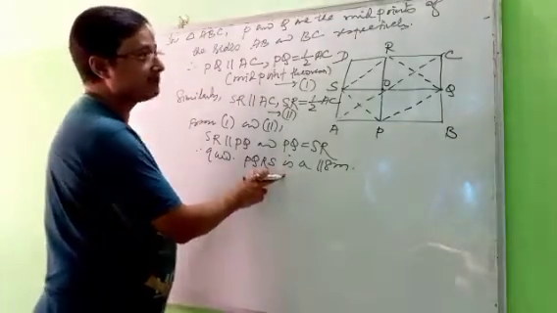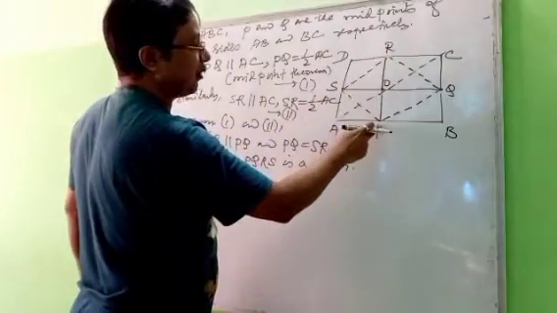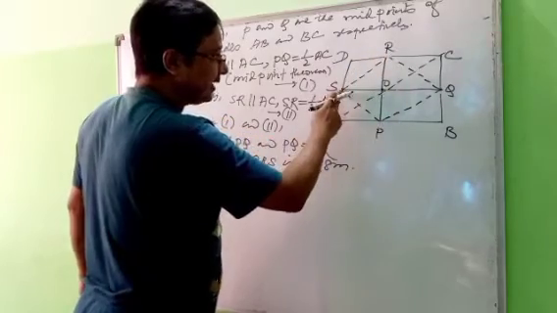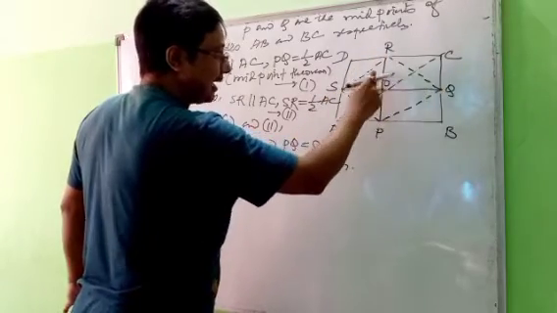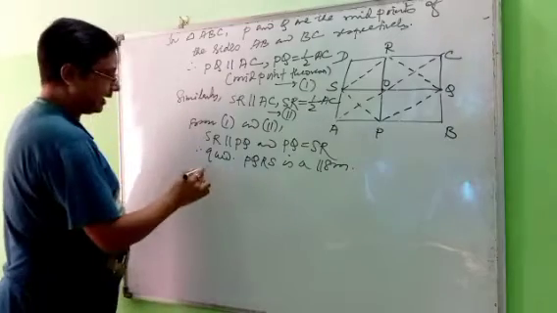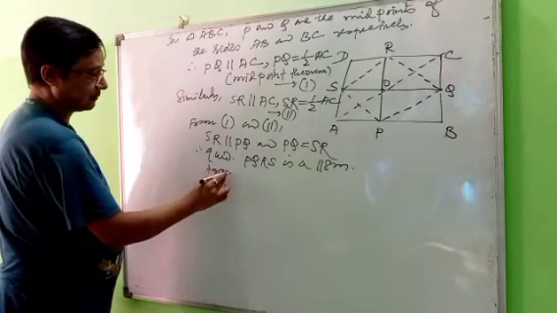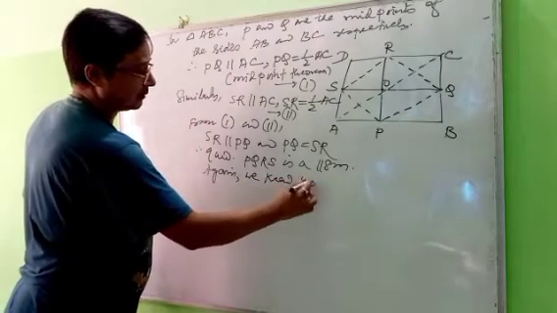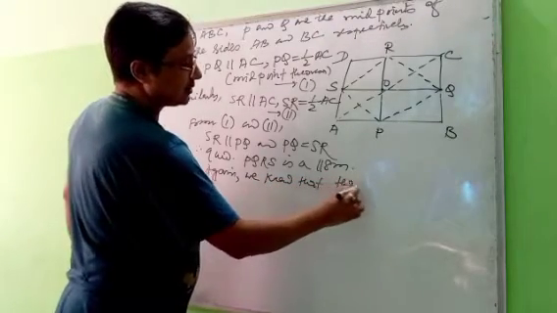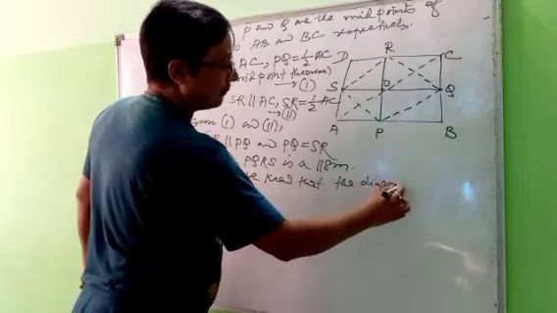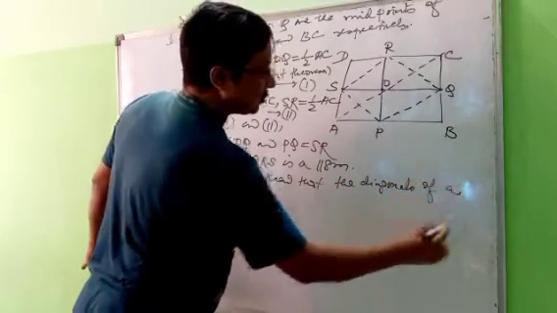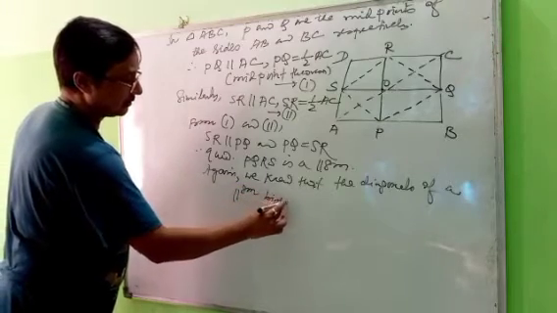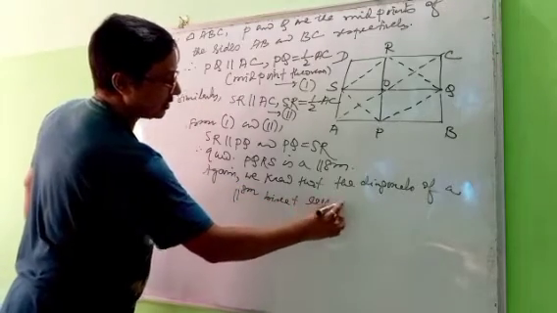Hence the line segments obtained by joining the midpoints of the opposite sides, that is RP and then SQ, will bisect at O. Again we know that the diagonals of a parallelogram bisect each other.